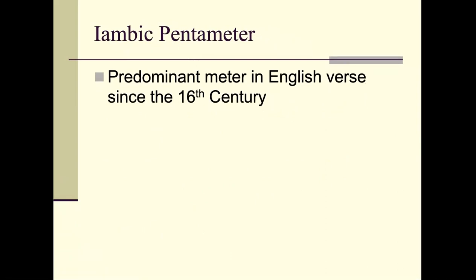To be fair, iambic pentameter was the predominant meter used in English verse since the 16th century. In English verse, in which pentameter has been the predominant meter, it's the preferred foot, the iamb, and that's the unstressed followed by the stressed. Very common form of poetry.